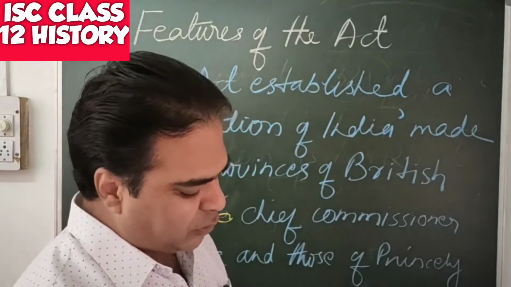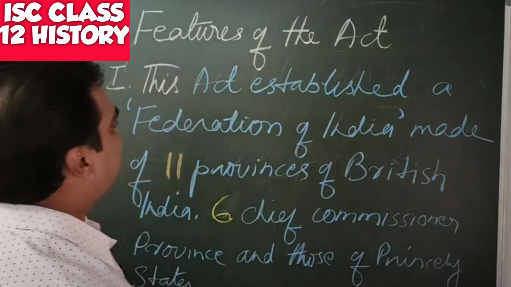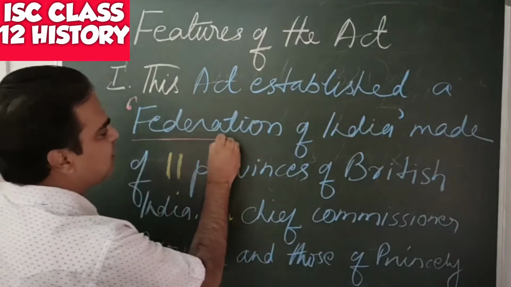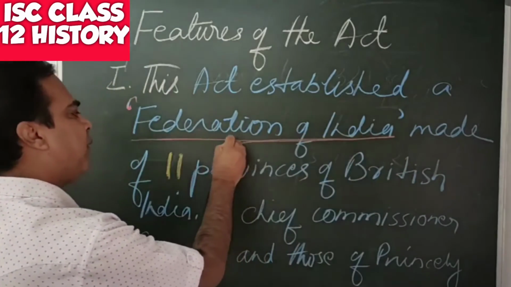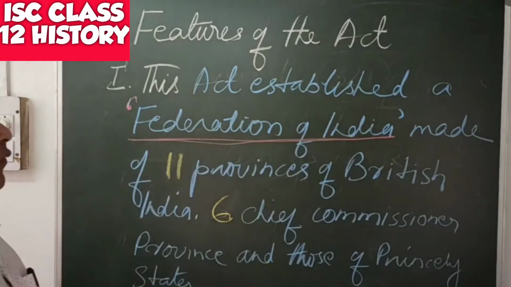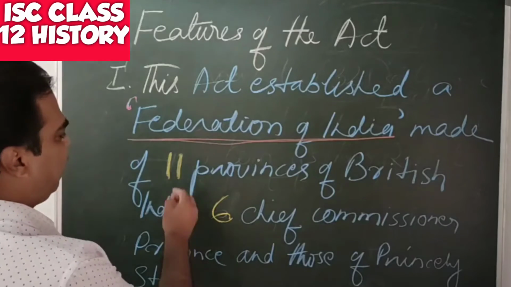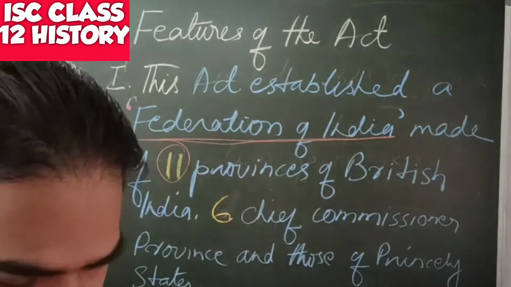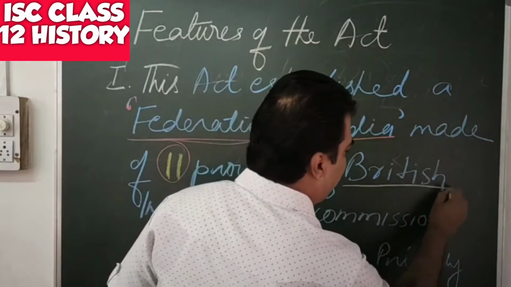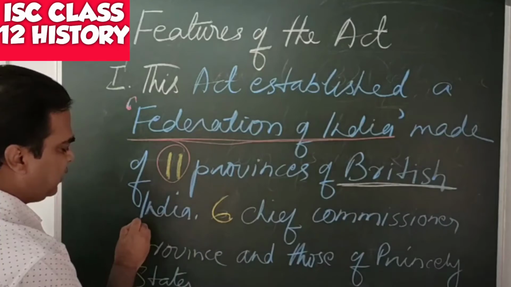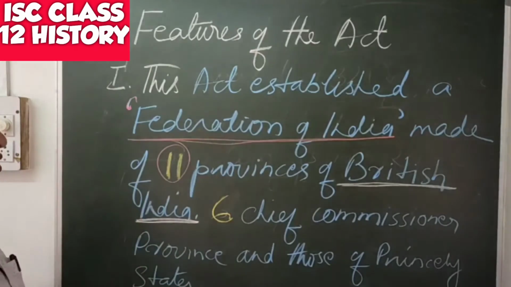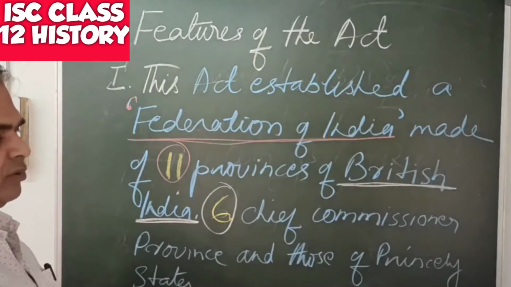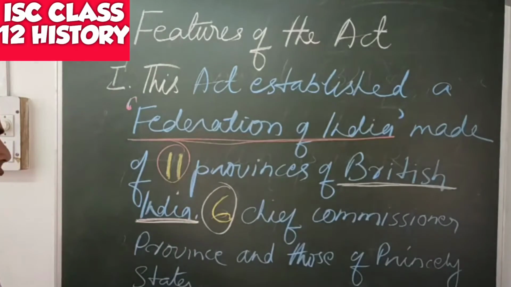The first important feature of the Act is that it established a Federation of India, which was made of 11 provinces of British India, under the direct rule of the British in this region, and 6 Chief Commissioner provinces, the provinces controlled by the Commissioner.